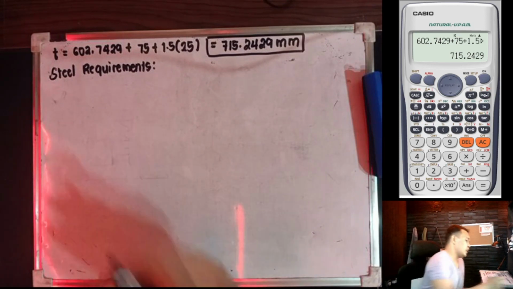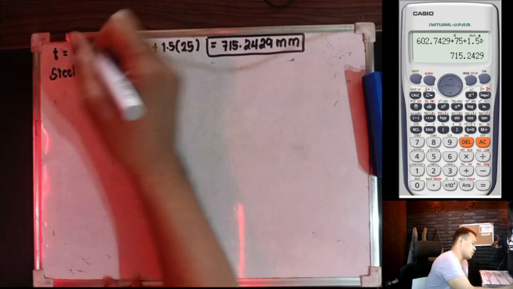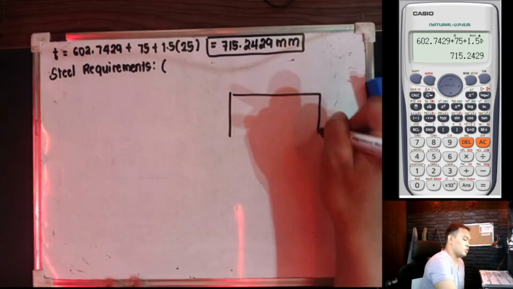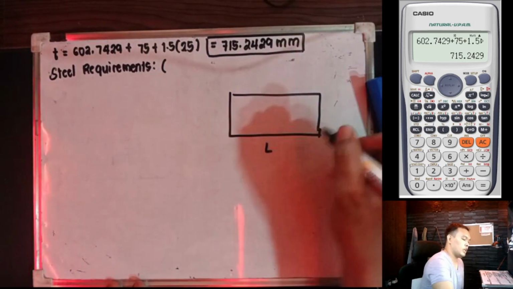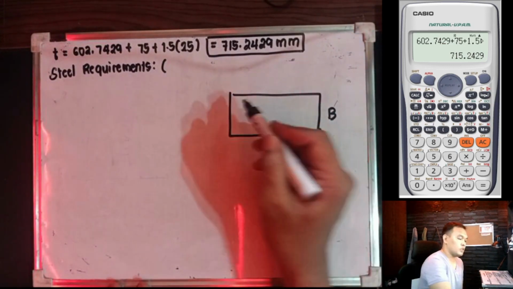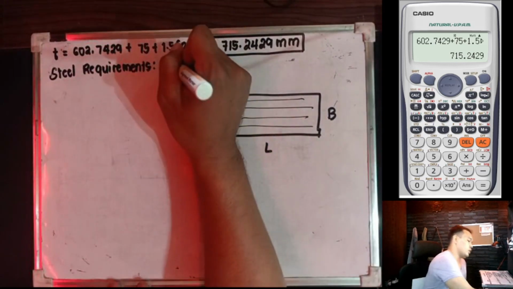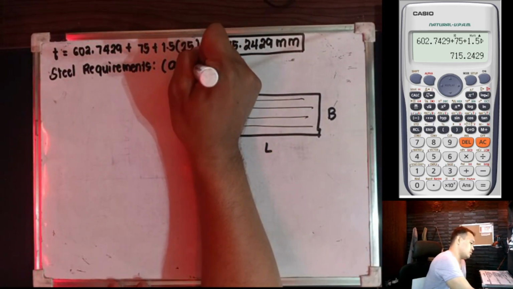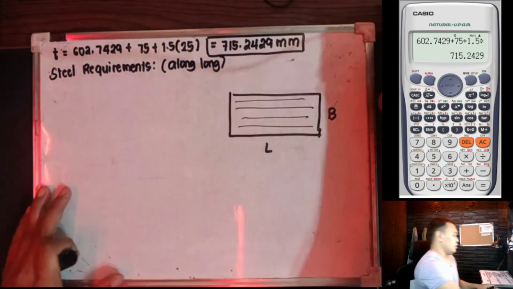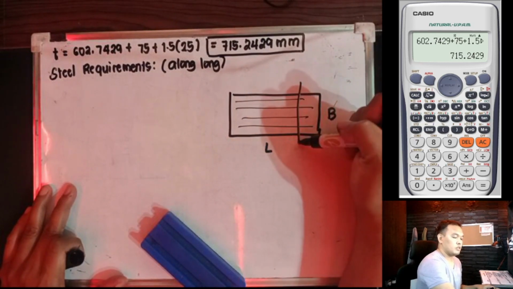So first, let's solve for the steel requirements for along long. Kung along long tayo, we have here L and B. Pag along long, yung steel requirements na kinukumpute natin ay itong pag ganito. Okay? So, along long. So kung ganyan yung bar natin, ang cut natin ay pag ganito. Okay?